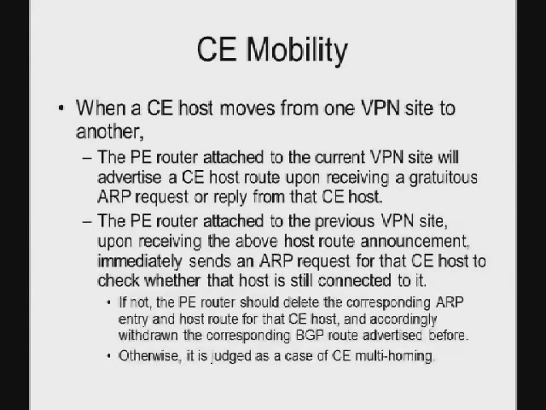And the P router attached to the previous VPN site, upon receiving the above host route announcement, will send an ARP request for that C host to check whether that C host is still connected to it. If not, the P router will discard the corresponding ARP entry and withdraw the host route for that C host, which had been advertised before. Otherwise, it is just a C multi-homing case.